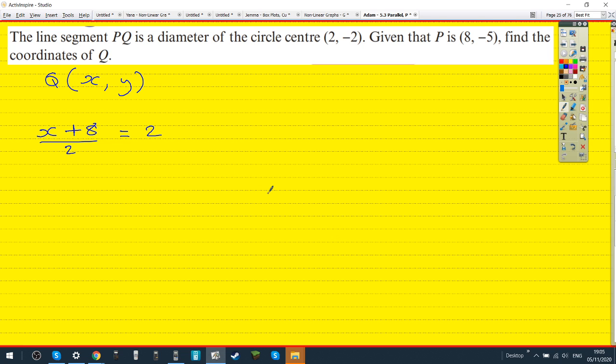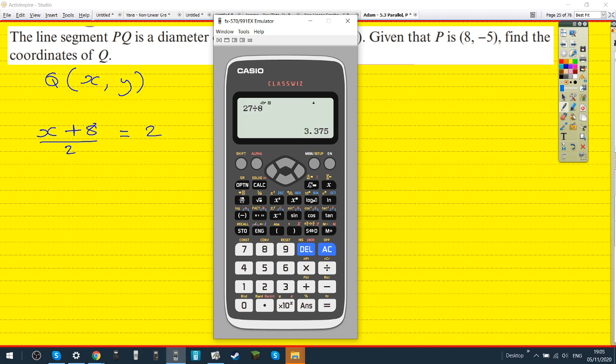Okay. So we multiply both sides by 2. Yep. Which gives you x plus 8 equals 4. Mm-hmm. And then you minus 8 on both sides. Mm-hmm. Which gives you x equals minus 4. I think so. Yep. Okay, how about y?